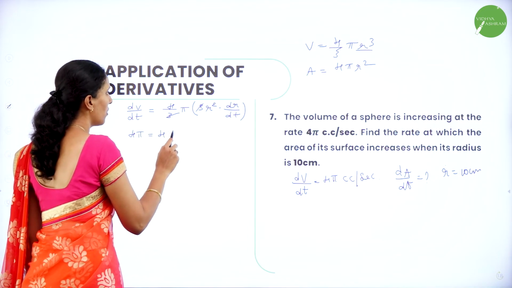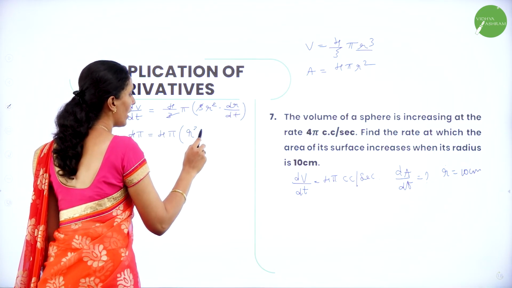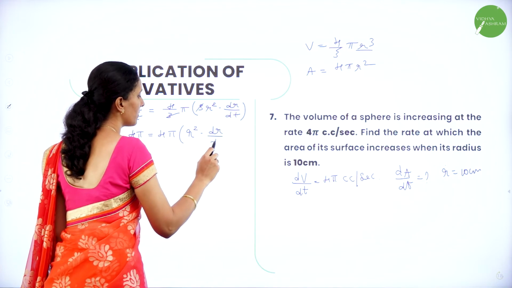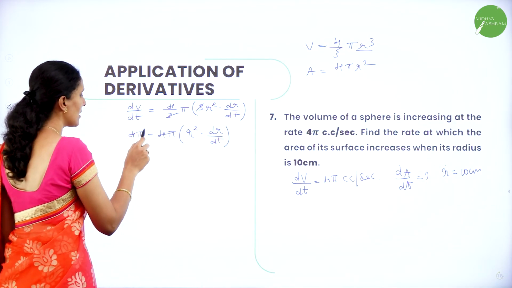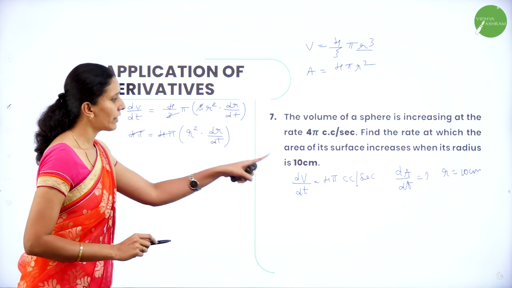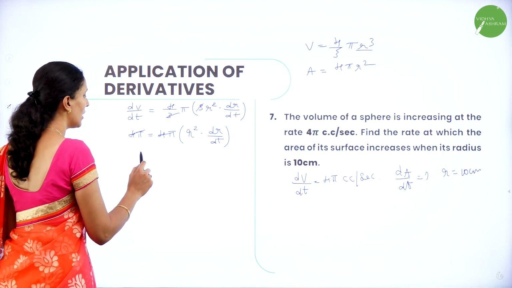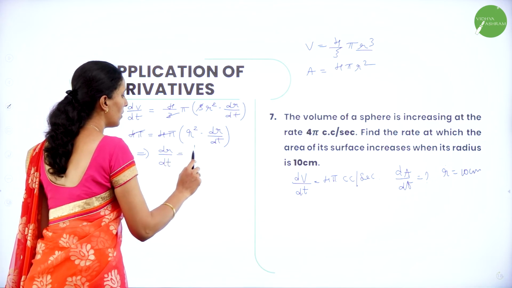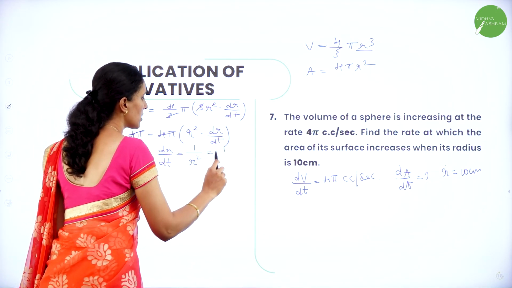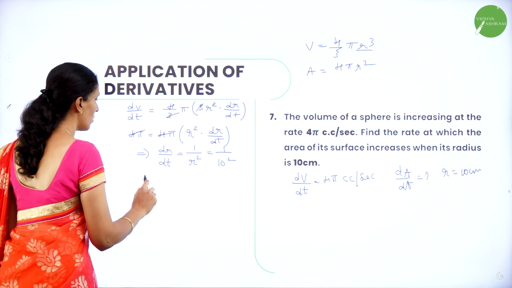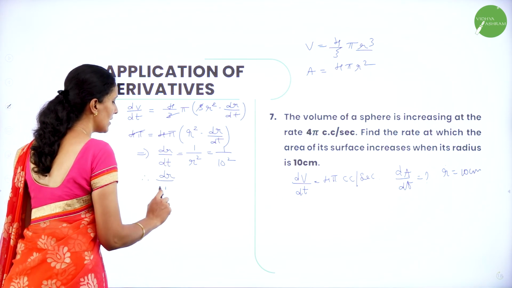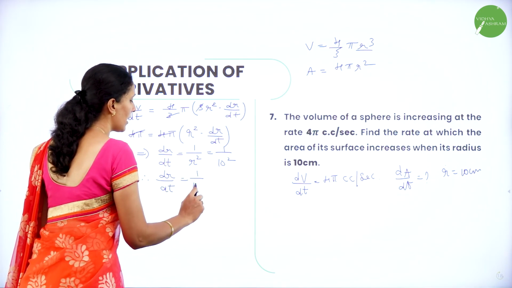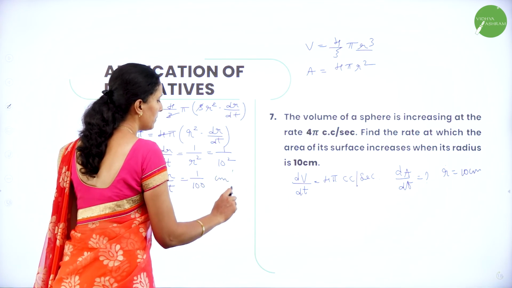So 4 pi r square into dr by dt. Again we can cancel 4 pi. R is given as 10 square. So this implies dr by dt is equal to 1 by r square, which is nothing but 1 by 10 square. So therefore change in radius is 1 by 100 centimeter per second.